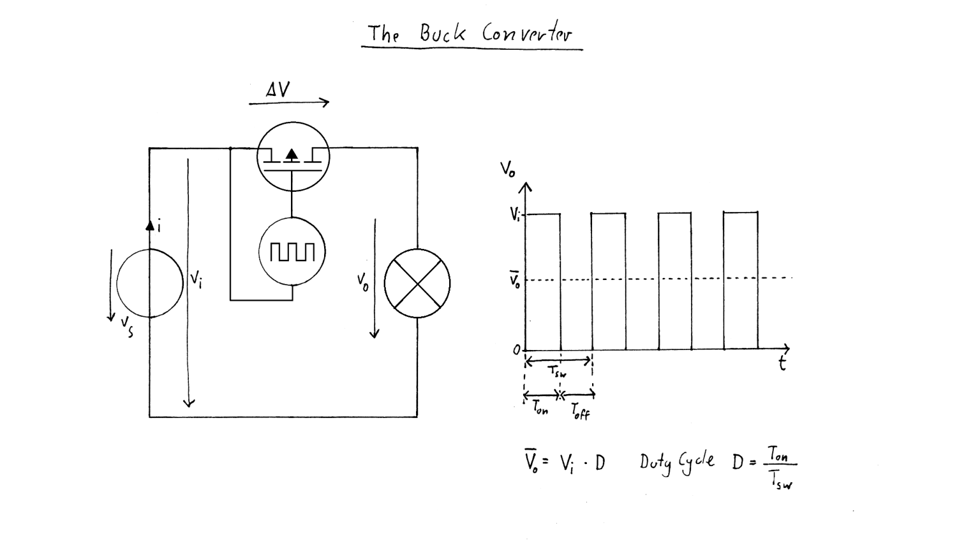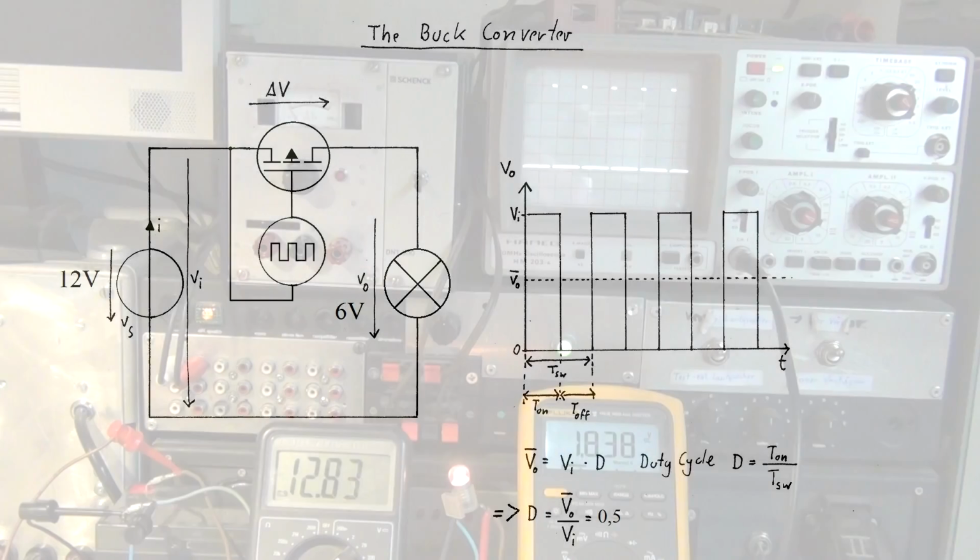To demonstrate this, let me show you a little setup. For that, I will power a 6-volt light bulb from a 12-volt lead-acid battery, similar to the example with the linear regulator in part 2. The duty cycle necessary for this task is D equals 0.5, which means that the transistor will conduct for exactly half of the time.